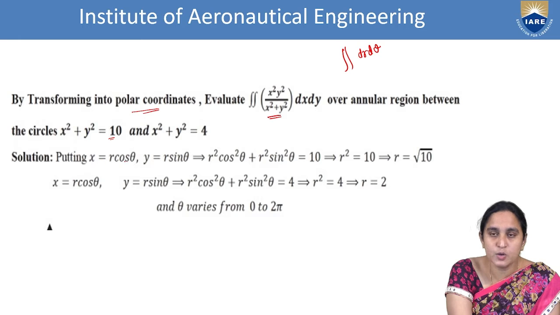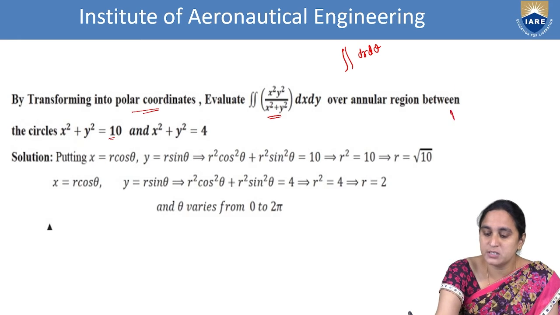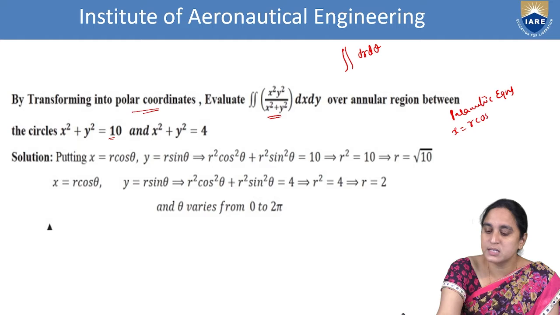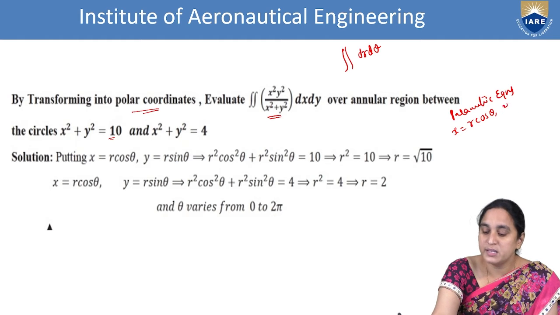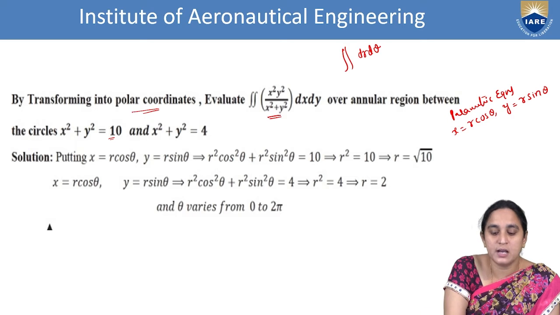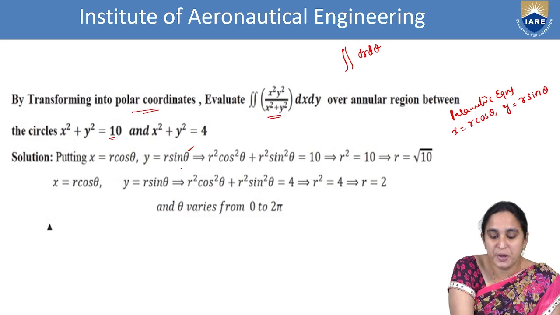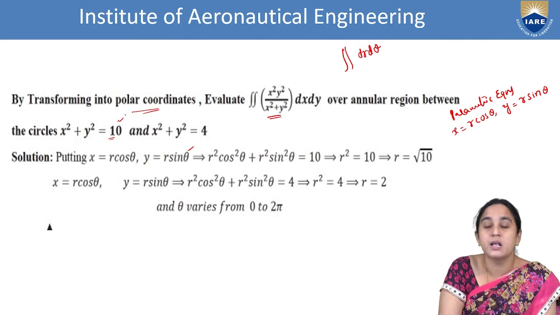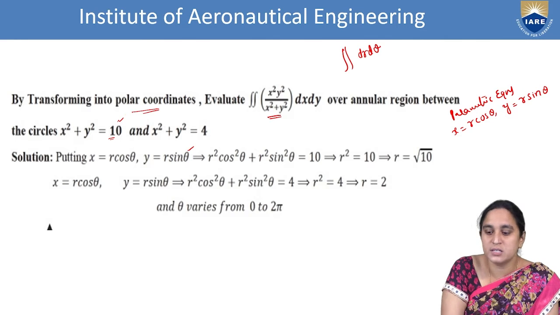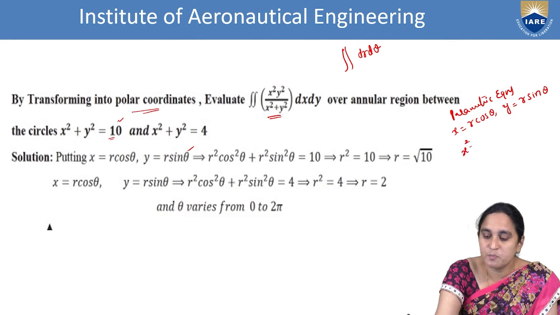What are the parametric equations for that? x is equal to r cos theta and y is equal to r sin theta. These two are the parametric equations. Now I am using these two parametric equations and substituting them in the first circle equation, x square plus y square is equal to 10.